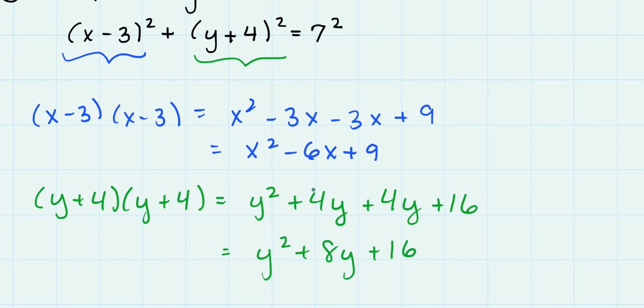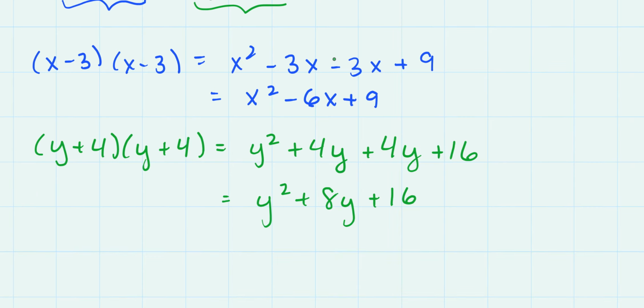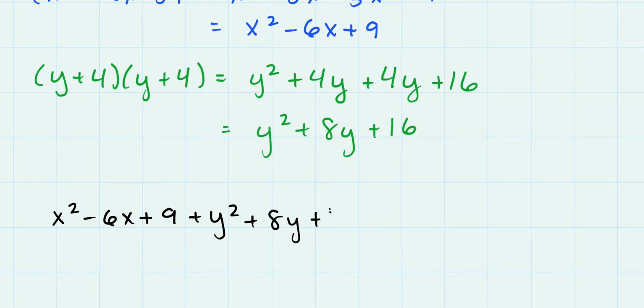And now what I'm going to do is right here, I'm going to substitute x squared minus 6x plus 9. And right here, I'm going to substitute this y squared plus 8y plus 16. And then I'm also going to square the 7 and make it 49. So let's do that. So now we have x squared minus 6x plus 9 plus y squared plus 8y plus 16 is equal to 49.